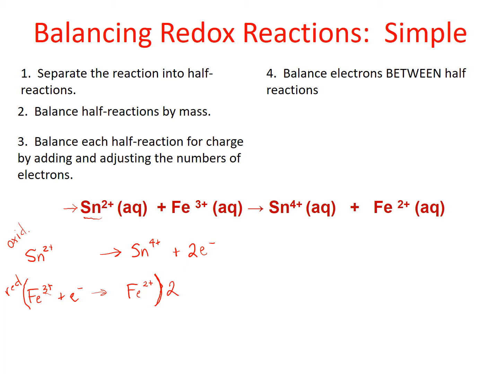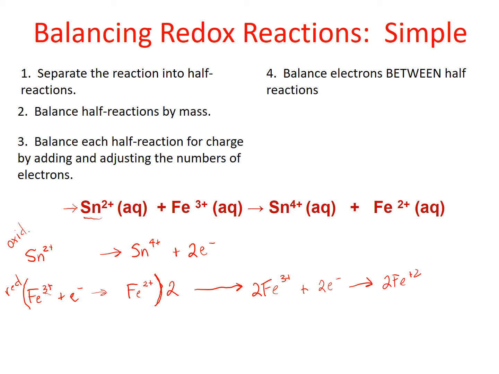So what this becomes, I'm going to write it over here, you end up with 2 iron 3+. That 2 is going to be multiplied before every single term in this half reaction. Plus our 2 electrons. And on the product side, we have 2 irons with a +2 charge.